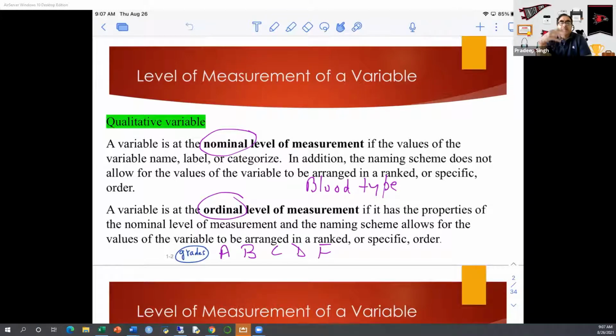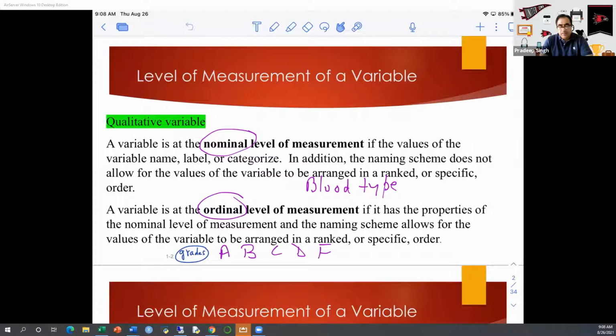So you assign that as a nominal level, whereas your grades A, B, C, D, F, even though it is a categorical or qualitative variable, these categories have order to them, right? So A is better than B, is better than C, is better than D, is better than F. So there is an order to it, and that is why it is going to be at the ordinal level of measurement.